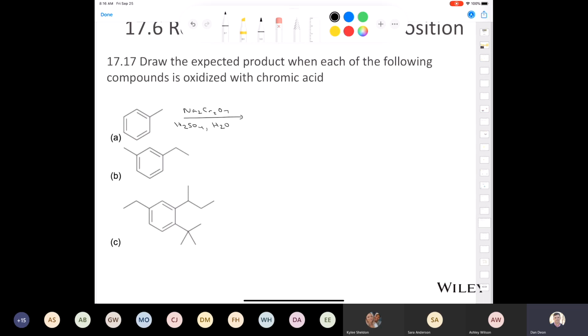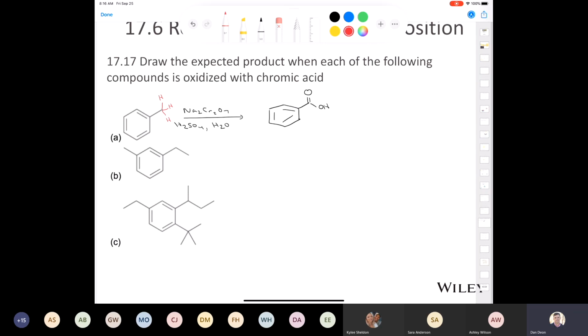Andrew's got it. It's benzoic acid. You would just end up forming benzoic acid, and so you don't lose any carbons here. And why can you do that? Because we have 1, 2, 3 protons here at the benzylic position, so no problem.